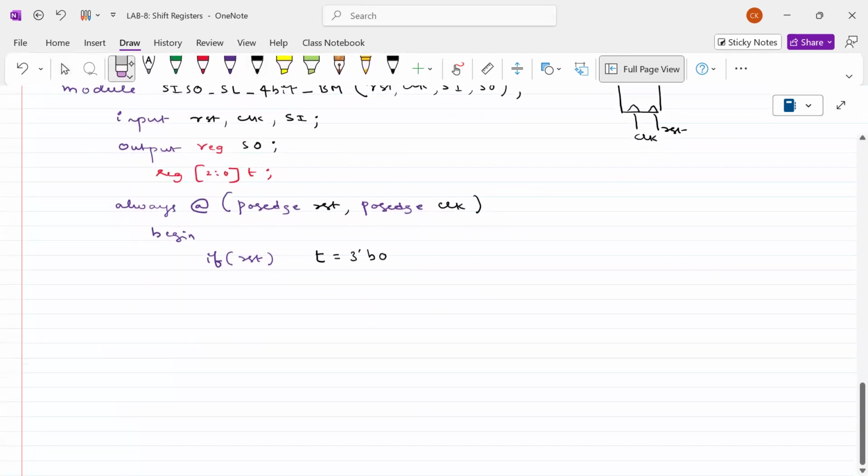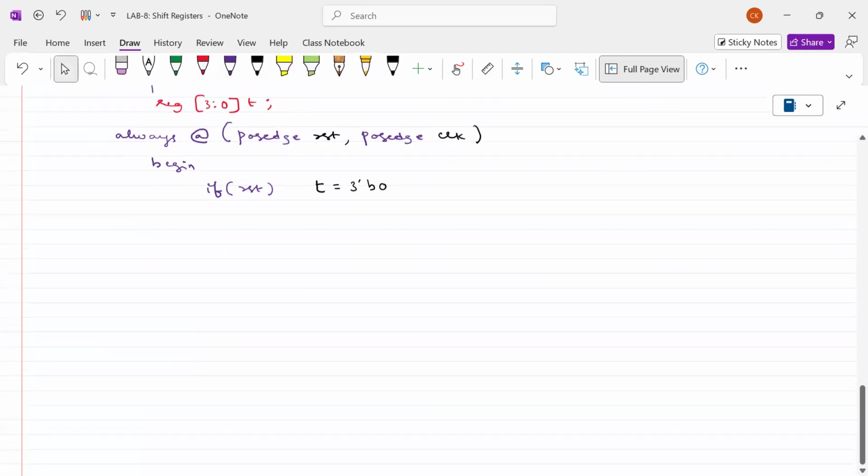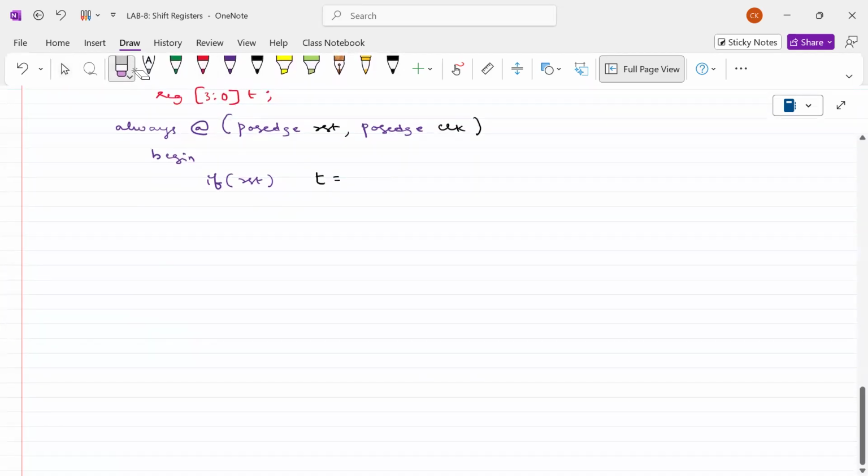Let me take this as a 4 bit size. I will tell you why it is a 4 bit size. Therefore T is actually 4 bit of all zeros. Now the moment the RST is available, all the flip flops are 0.